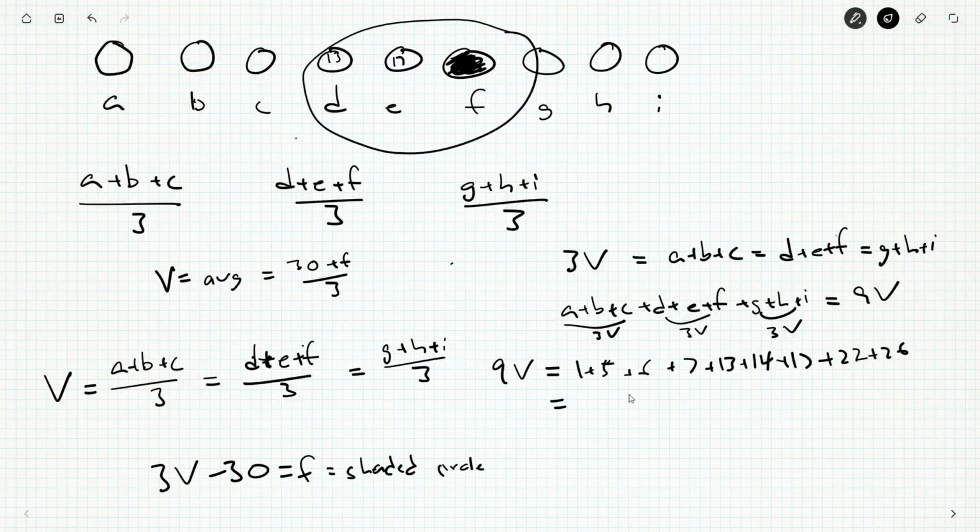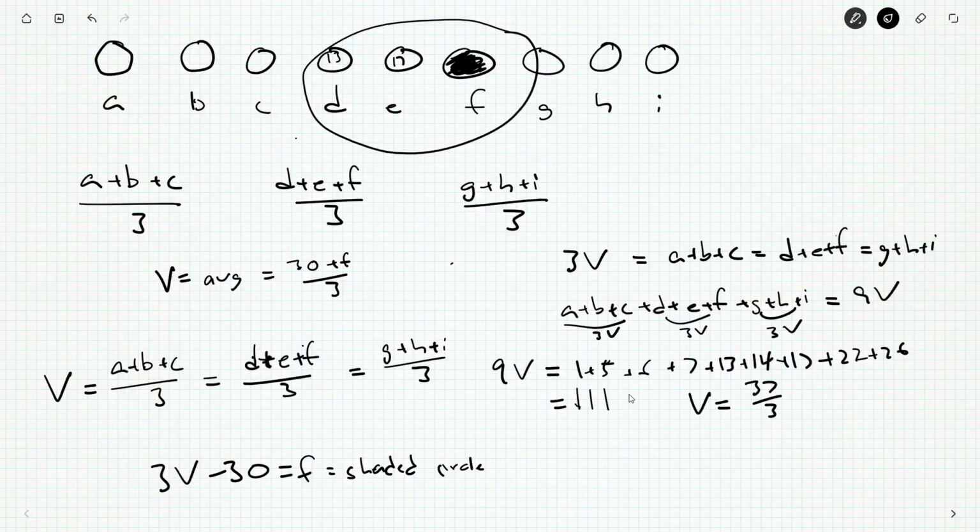So, I'm just going to get out my calculator. What's 1 plus 5 plus 6 plus 7 plus 13 plus 14 plus 17 plus 22 plus 26? 111. Okay? Now, 111 divided by 9, not so helpful, but V might be easier just to say V is 37 over 3, rather than round it off.